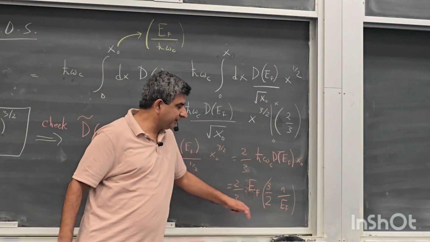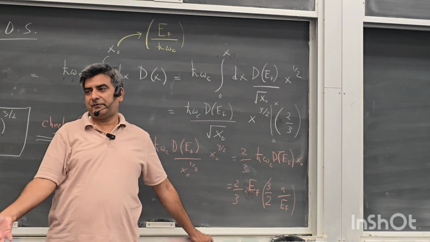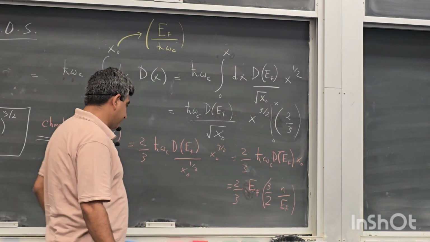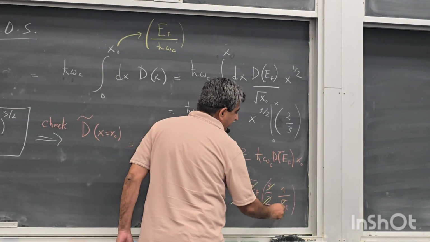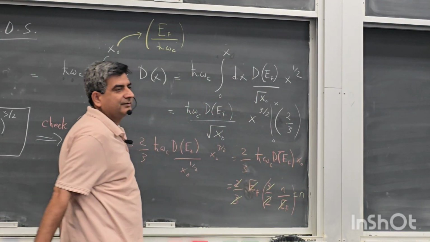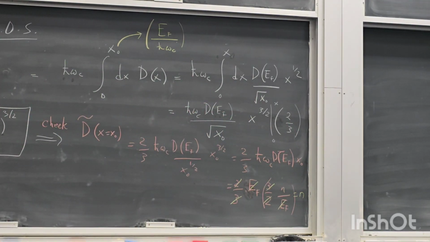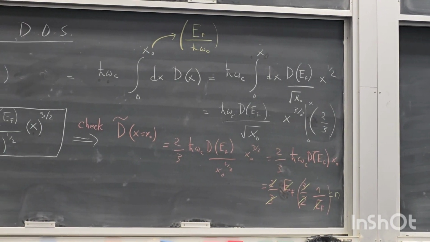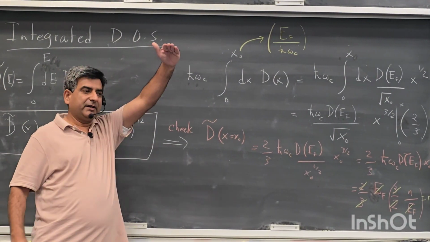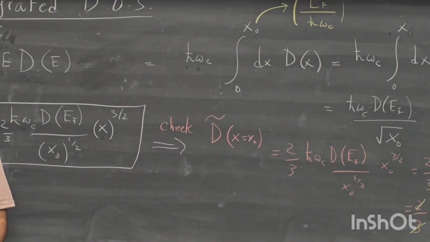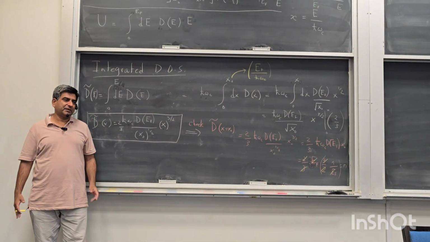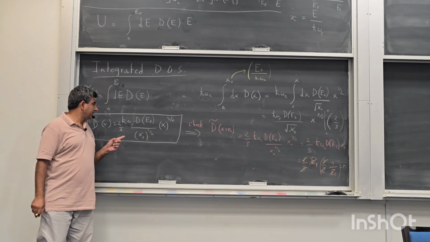Hence, the result is indeed n. So we've checked that when the upper limit is equal to the Fermi level, the integrated density of states is indeed, in the absence of a field, equal to the number of electrons.